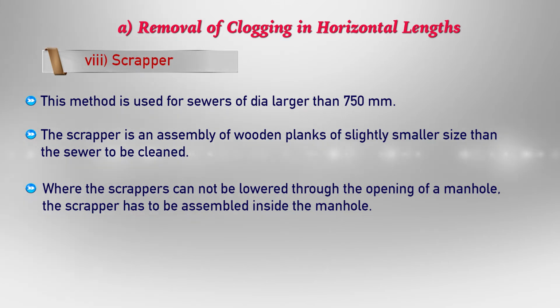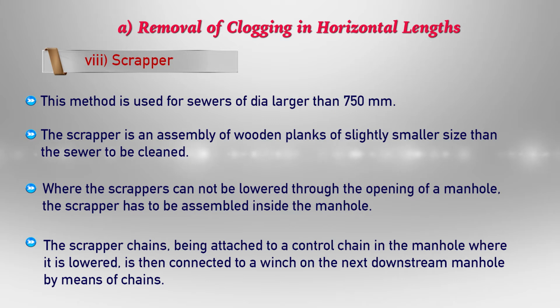Where the scrapers cannot be lowered through the opening of a manhole, the scraper has to be assembled inside the manhole. The scraper chains are attached to a control chain in the manhole where it is lowered, and then connected to a winch on the next downstream manhole by means of chains.